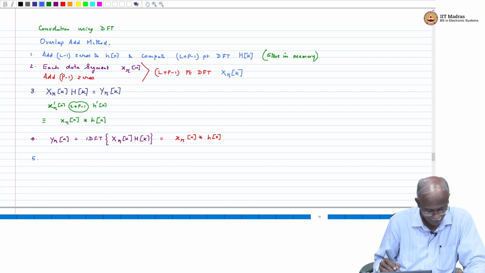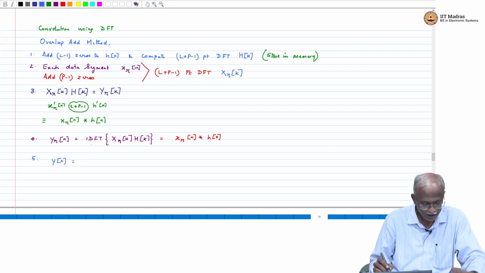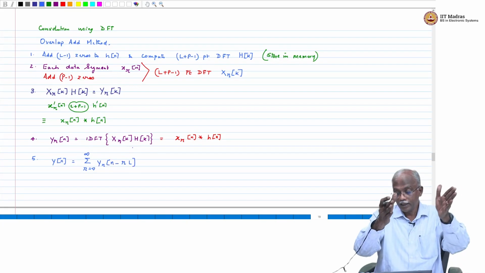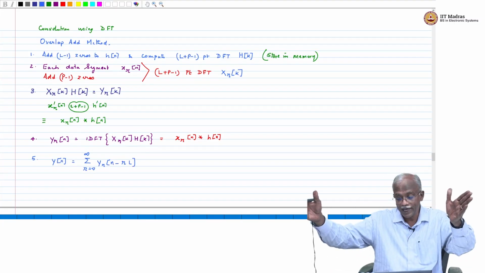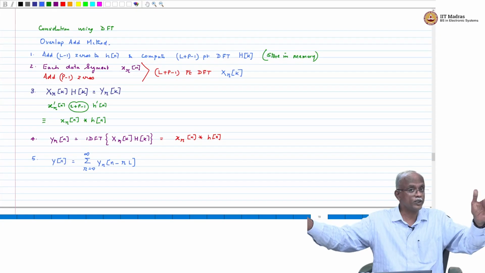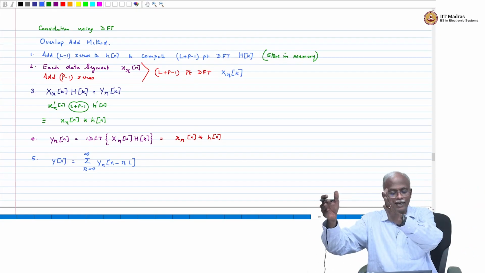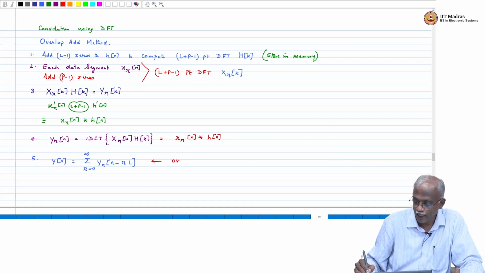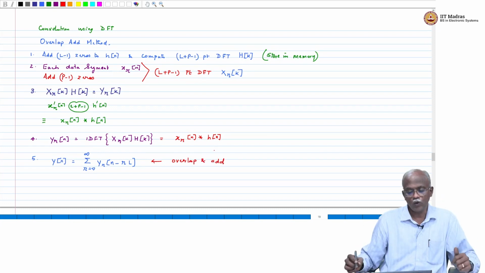So step 5, y of n, the output, is equal to summation r equal to 0 through infinity y r of n minus r L. Okay, remember each of these segments y r of n is of length L plus P minus 1, but you are shifting it only by L. So therefore, in this step, you will have both overlap and addition. That's why it's called the overlap add method.